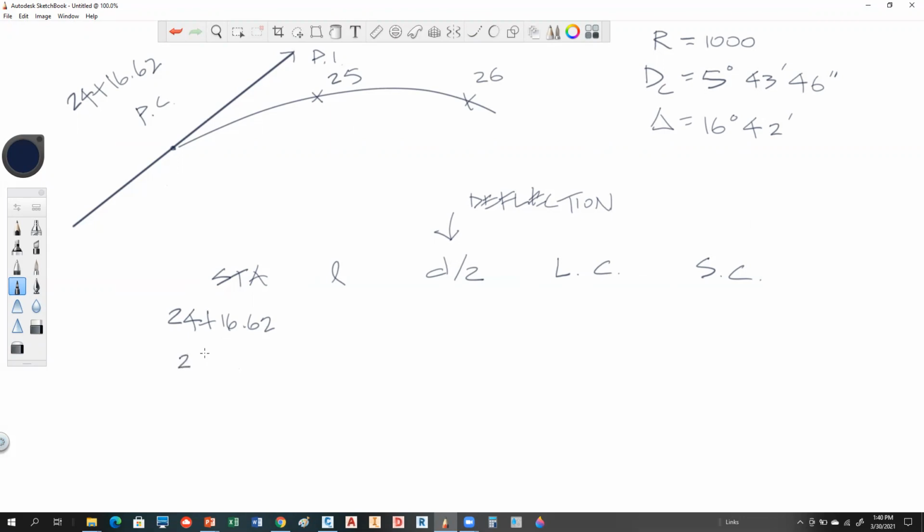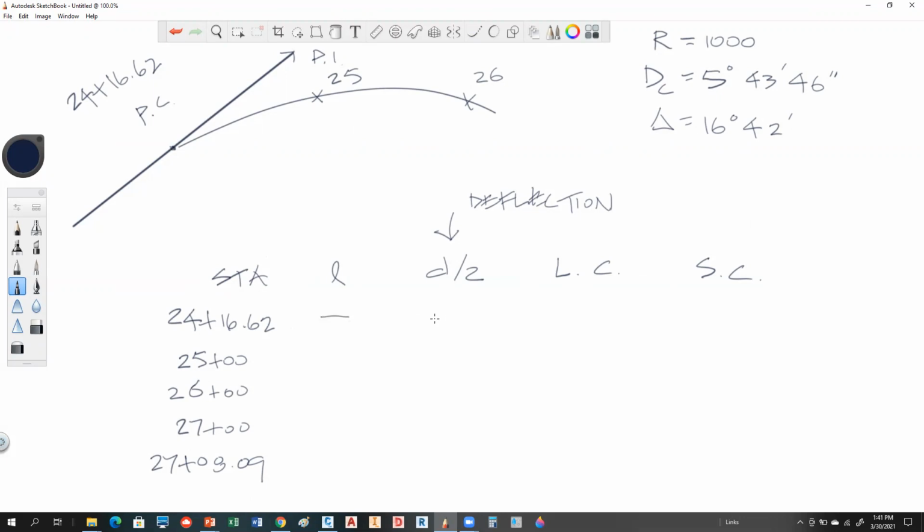So I'm going to be here, station 25, and then station 26. And I could do this for every point along that curve until I get to 27, and the last station point is 27+0.809.